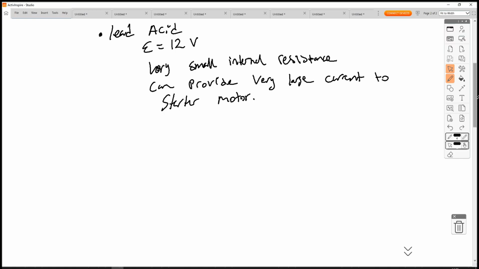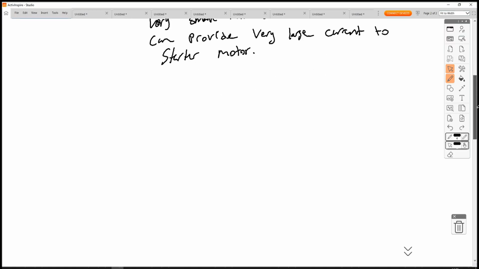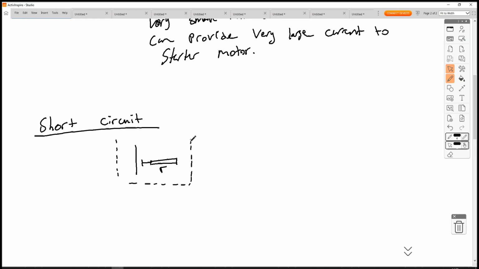So what happens then if you short a battery? If you were to have a short circuit, that essentially means that you have created a low resistance path from one terminal of the battery to the other end of the battery.